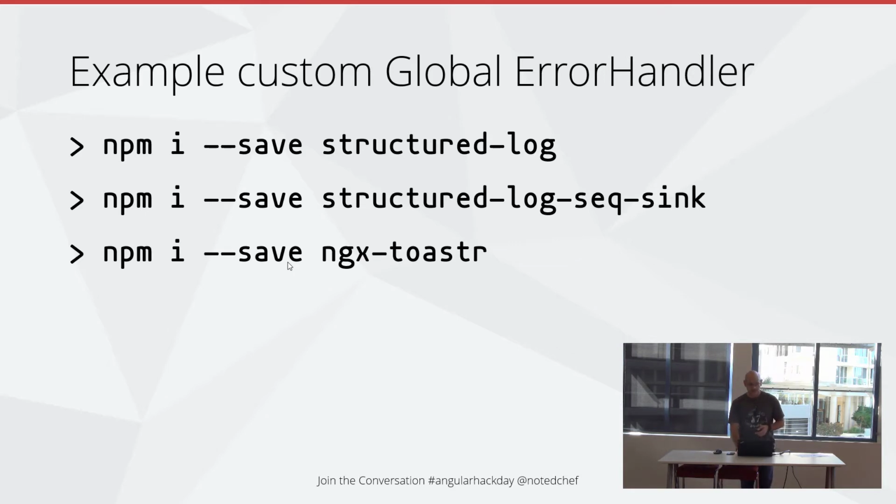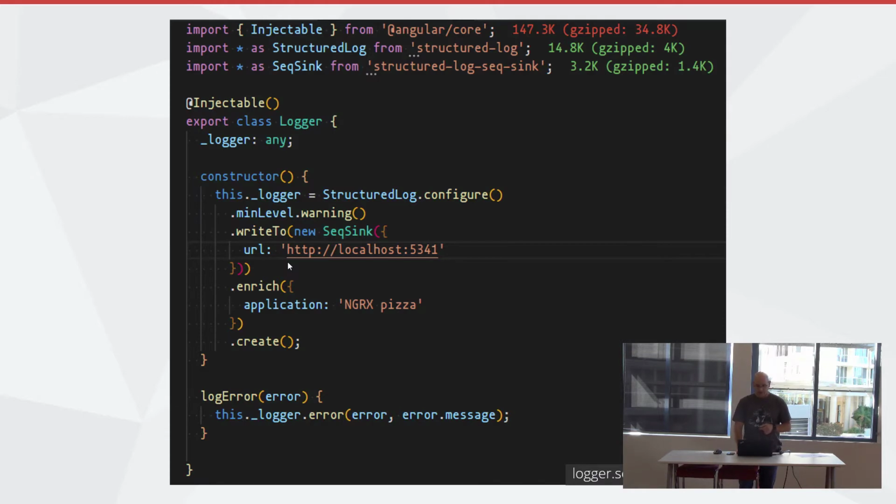Just going to show you an example where I've installed a few third-party NPM packages. Structured log is a logging service, and then structured log for seek sync is an extension of that will log out to a seek server, and then also NGX toaster, which will do pop-ups. So I've created a logger service using structured log and seek sync.